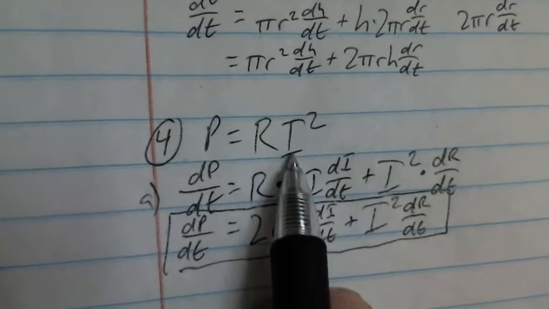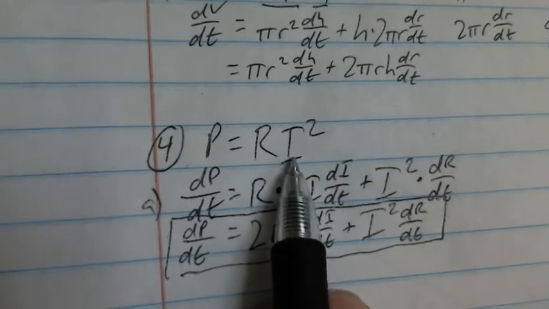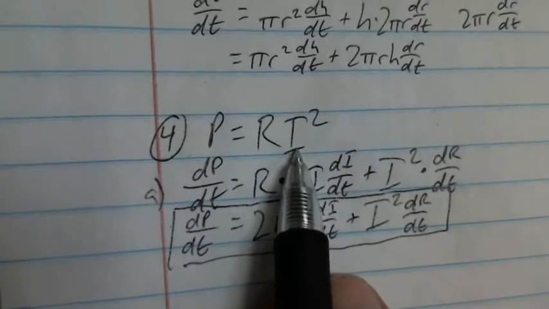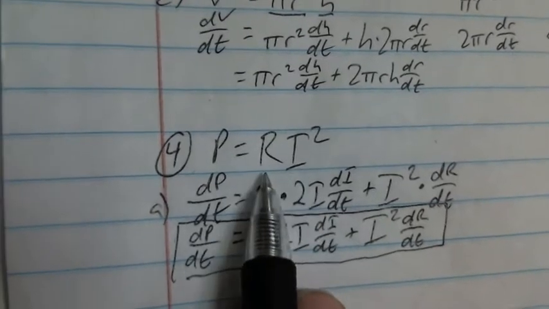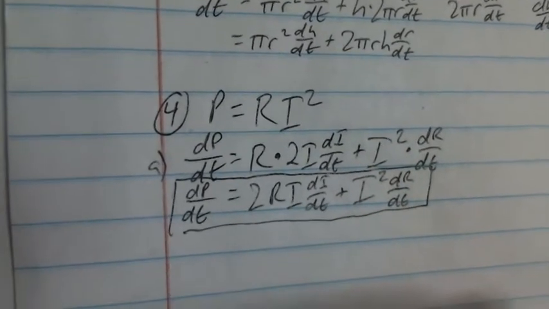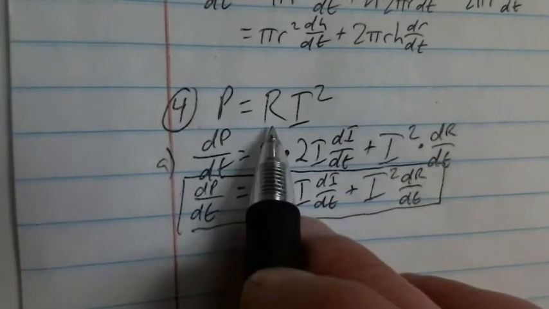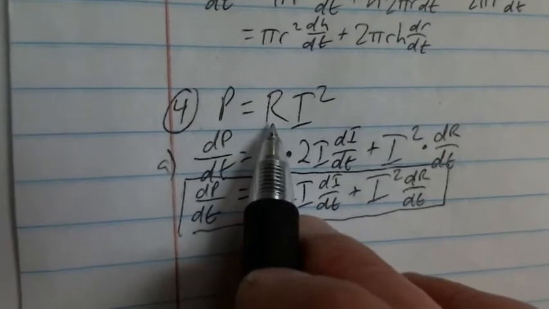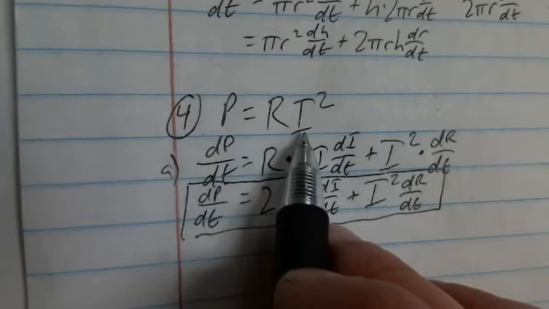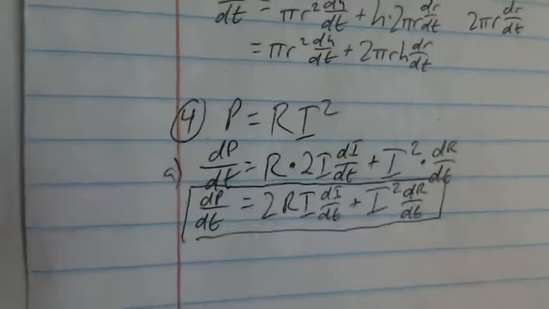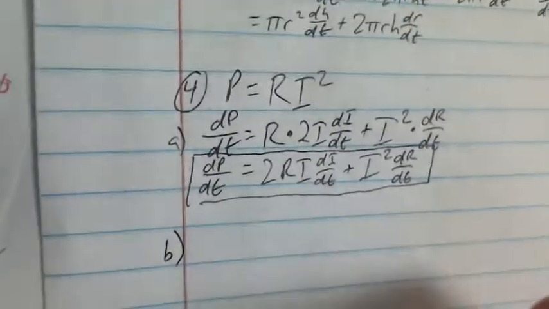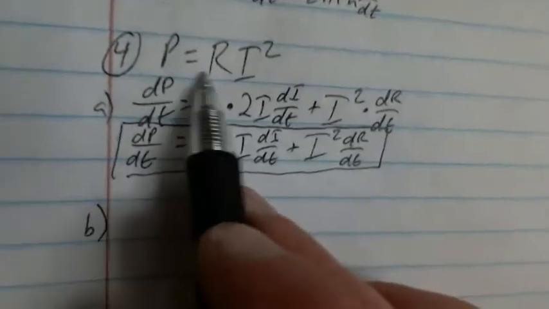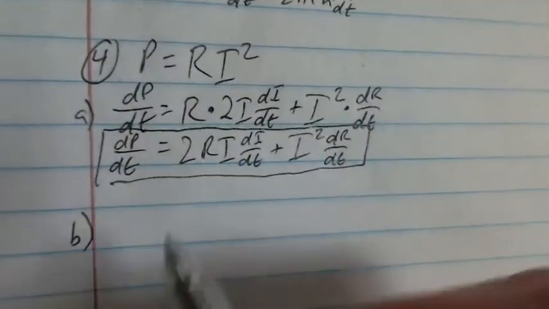If we increase the amperage, we have to decrease the resistance. Or an increase in resistance means you have to increase the current to get the same power. You don't have to know that, but there's a lot in there.